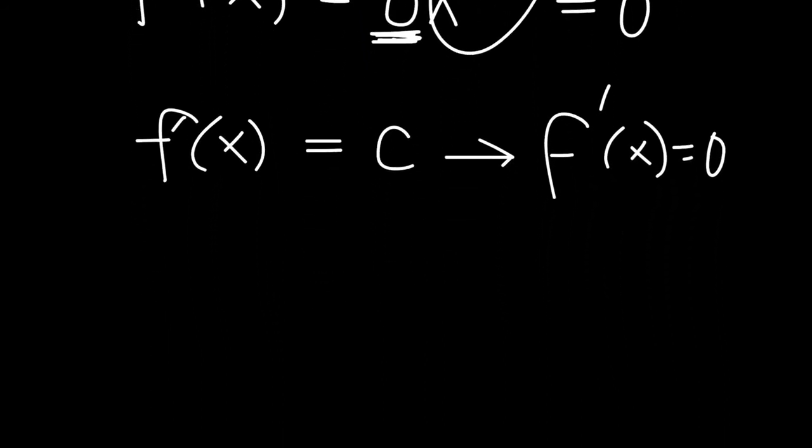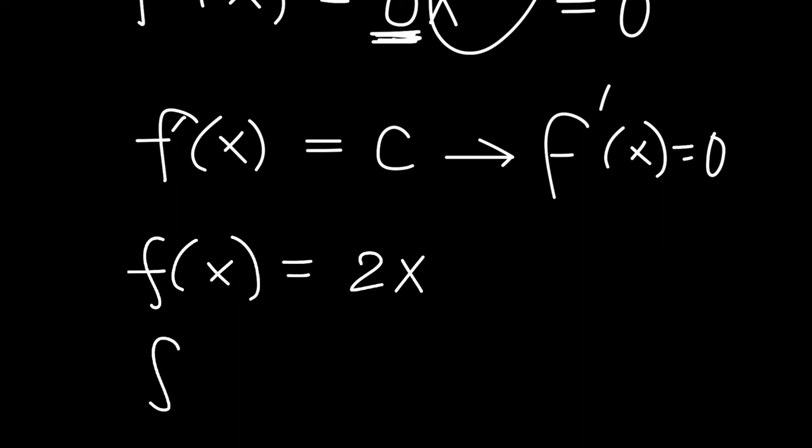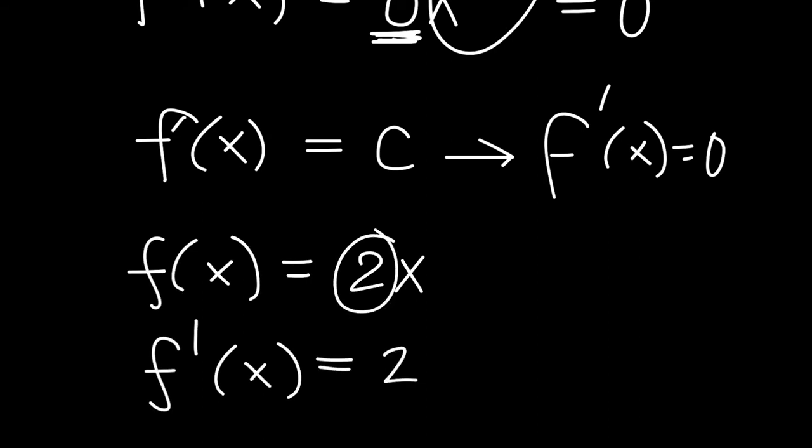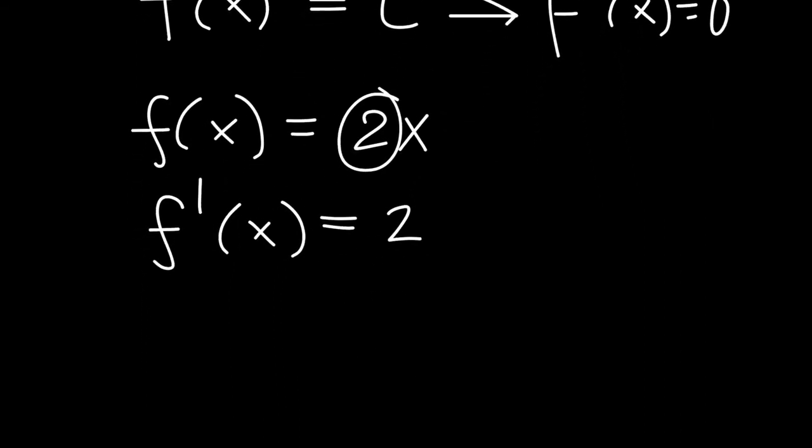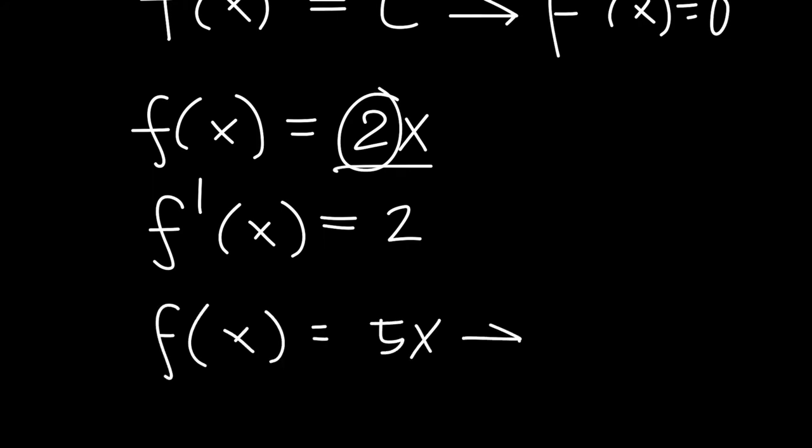Now let me add more. f of x is equal to 2x. If you're advanced already, you know that the derivative is simply that number 2. So for any constant times x, 2x, 3x, 4x, f of x, for instance, is 5x. The derivative of this is equal to 5.